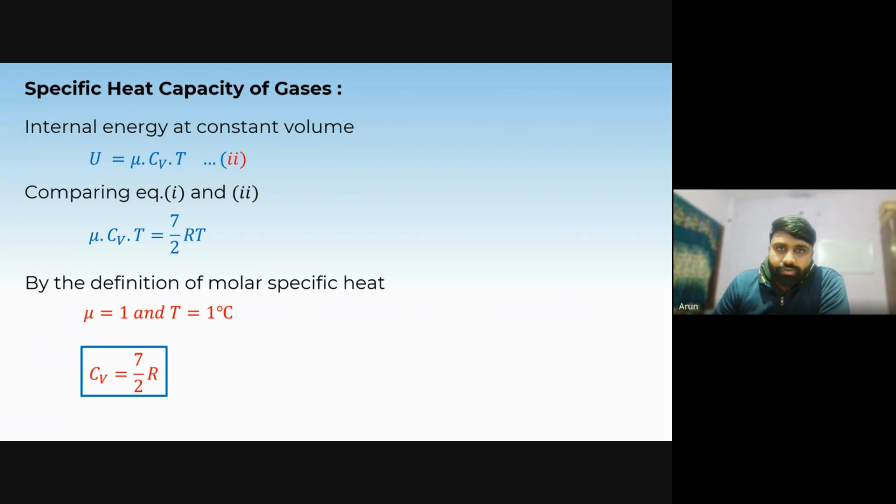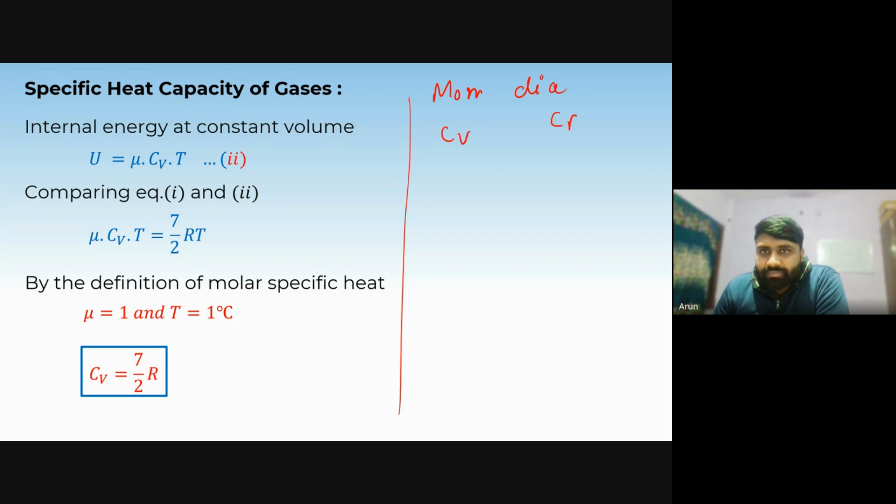Okay. So if I make a chart here for mono and dia, Cv and Cp. Cv is 3 by 2 for mono, and Cp is 5 by 2, plus 2. And here also you need to add plus 2. So you need to remember this plus 2 cycle.